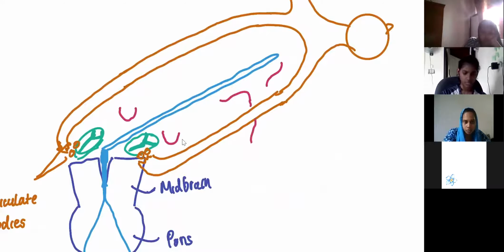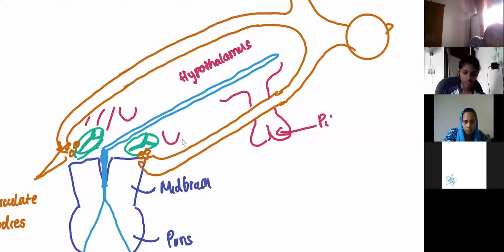And what is this? This looks like a testis. What is this? Pituitary. Yes. They all originate from the inferior surface of the hypothalamus. This is the hypothalamus. This is the pituitary gland. So these are the mammillary bodies.